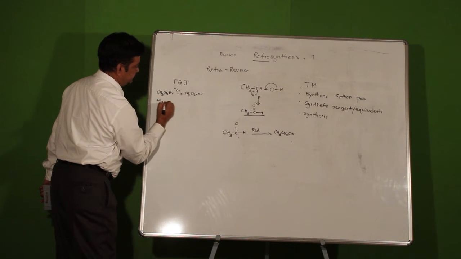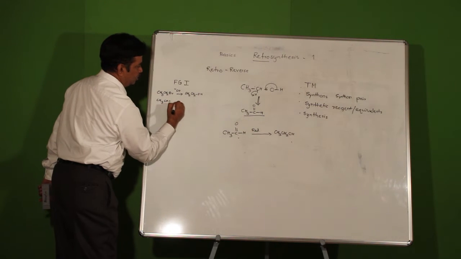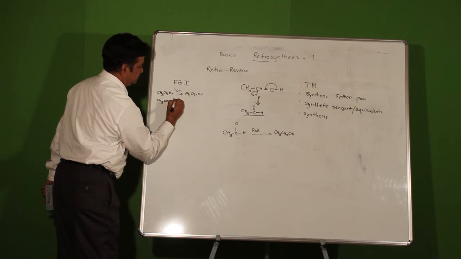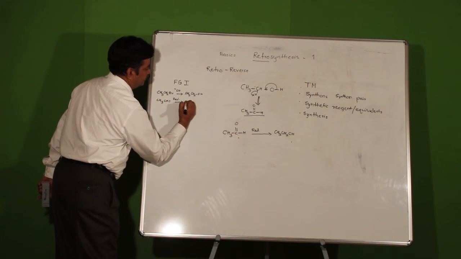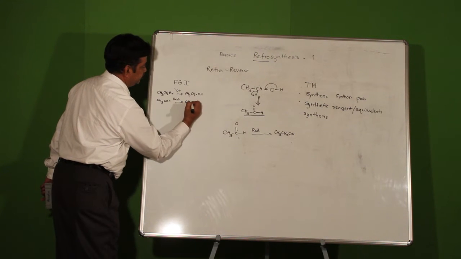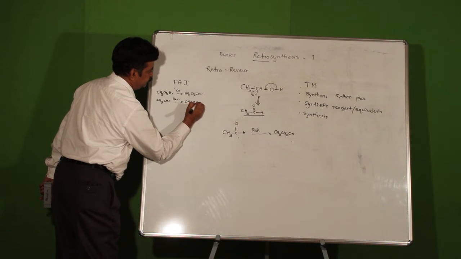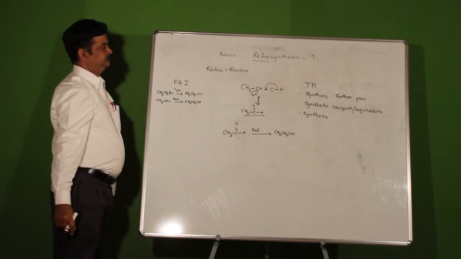Second is CH3CHO reduction with any reducing agent, to CH3CH2OH.